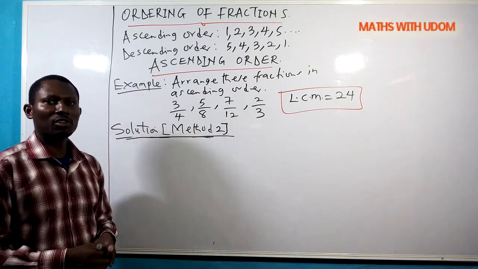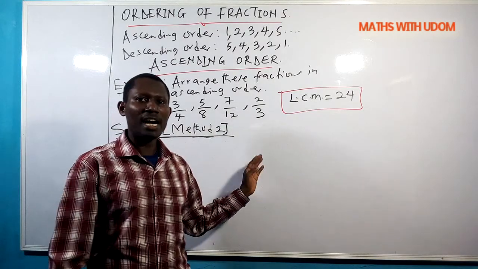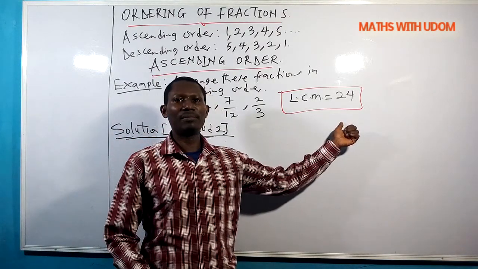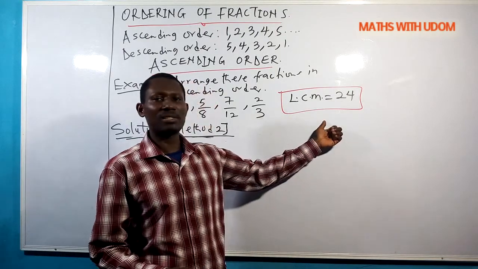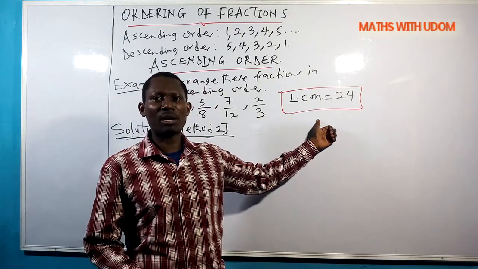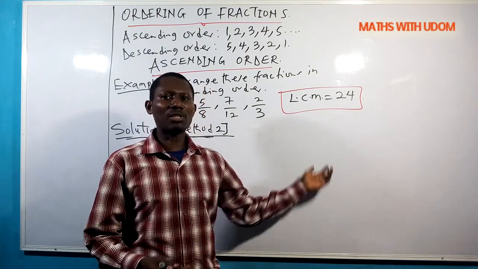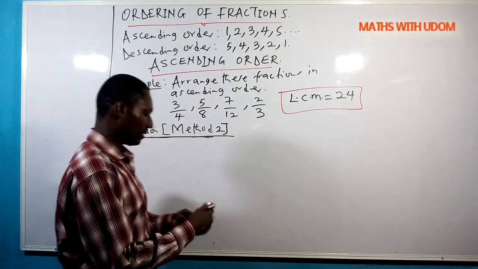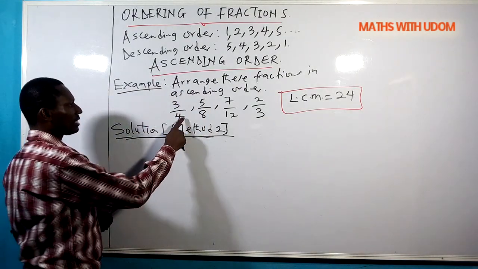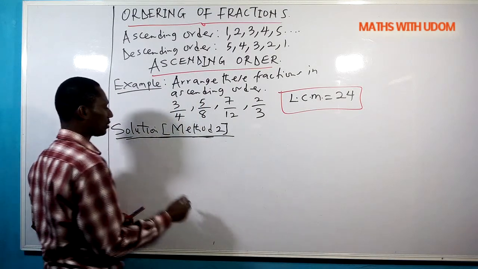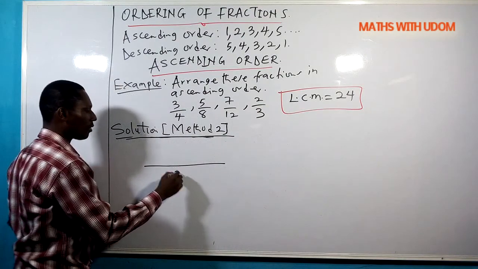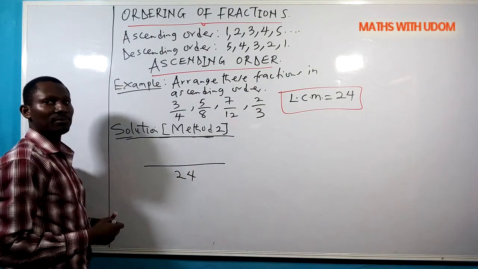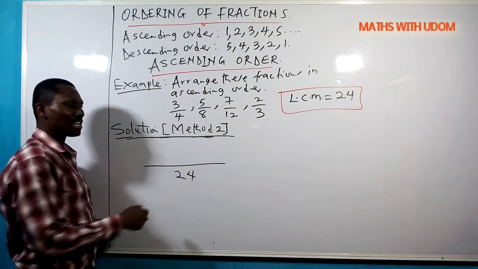Method 2, you start from the beginning again. After you have gotten your LCM, okay, that's step 1. What do you do with the LCM? I don't want to repeat the steps again. How we got the LCM, we have done it before. So after you have gotten the LCM, what do you do with it? Okay, remember these are the what? These are the fractions. You write your dividing line. Put your LCM 24, okay, under the dividing line as your denominator.